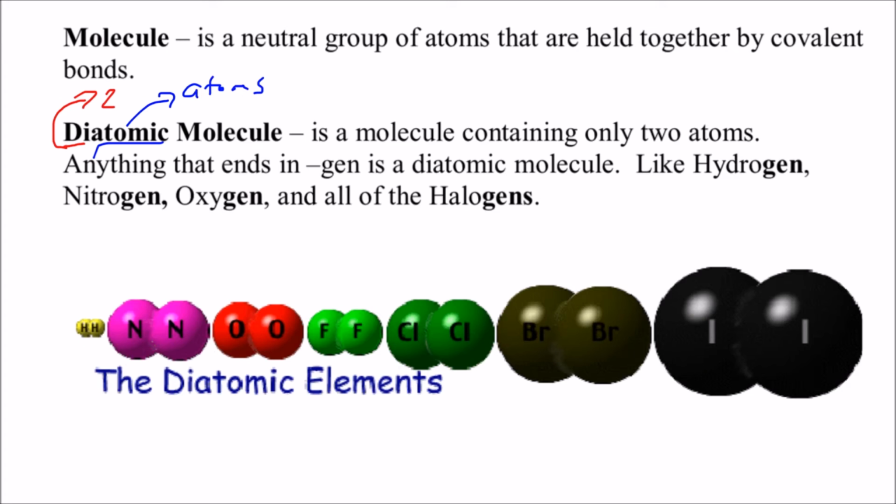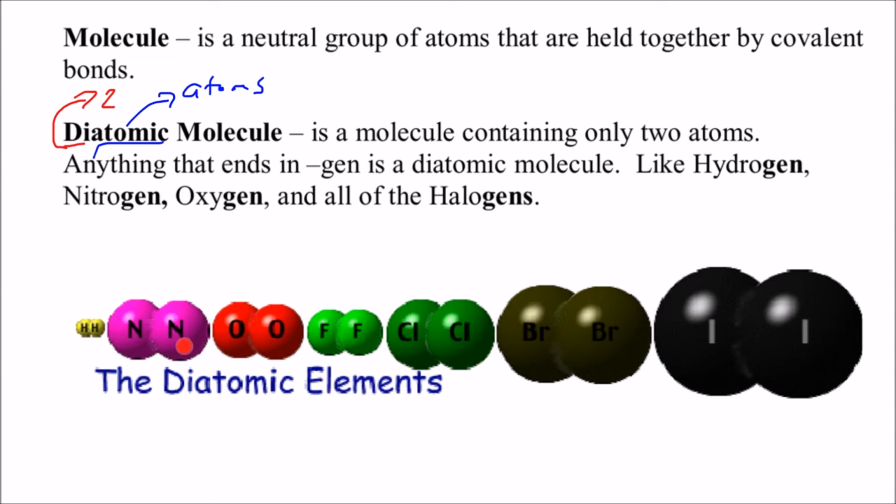We have several diatomic molecules on the periodic table that you need to memorize. The easy way to memorize them is anything that ends in gen will form a diatomic molecule. So we have hydrogen, nitrogen, oxygen, and any of the halogens. And when we say they form a diatomic molecule, it means that 2 of those elements group together.